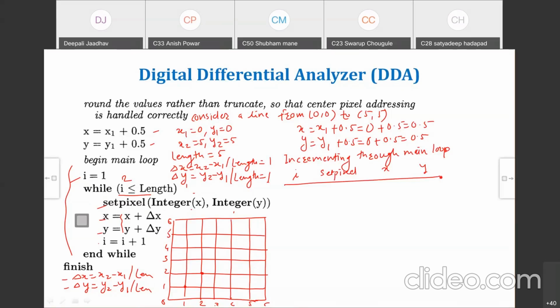Initial value of x and y is 0.5, 0.5, that we already calculated. After that, what value is required? I is equal to 1. We start with I is equal to 1. After that, while I is less than or equal to length, what is the value of length here? The value of length is 5.